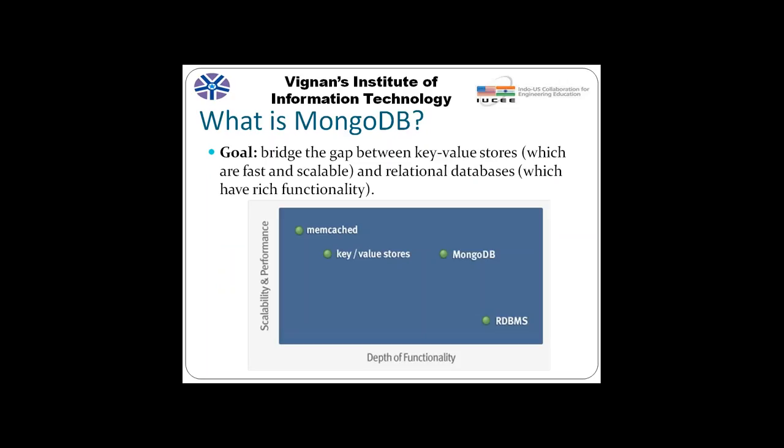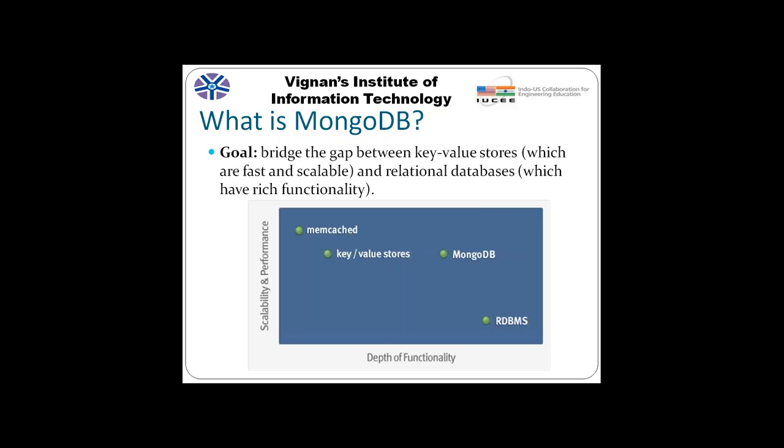Here also the key value stores make content generation faster and more scalable, and the goal is to bridge the gap between the key value stores and the relational database. Whatever gap is there, we want to remove it with the help of that. That is the overall motto or goal of MongoDB.